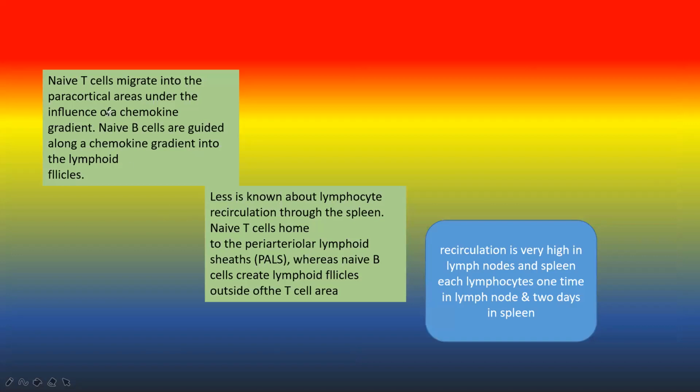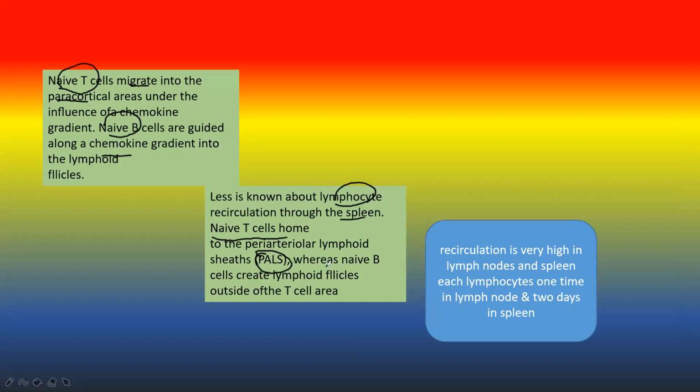How do they work inside the spleen? Naive T cells migrate to the cortical area of the spleen. Naive B cells also respond to some chemicals there. So where are all these lymphocytes inside the spleen? The naive T cell's home is the periarteriolar lymphoid sheath.